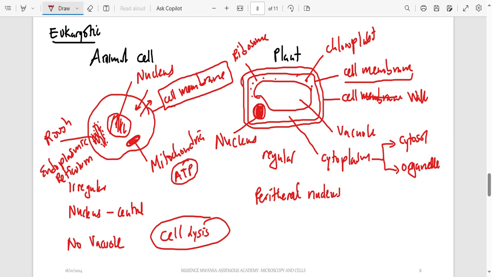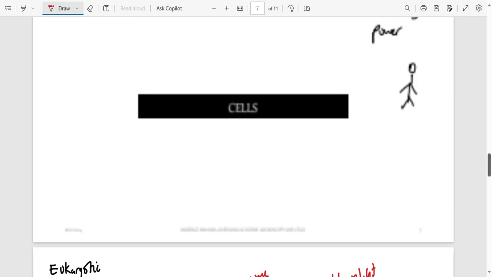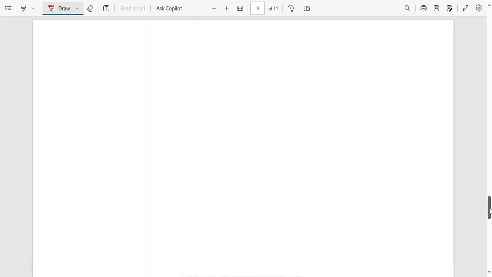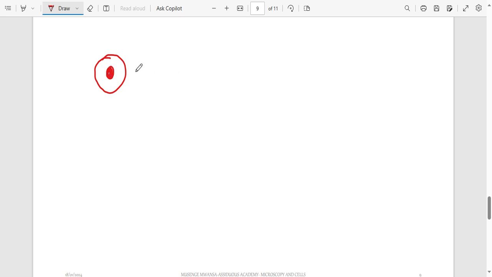So when an animal cell loses water, let me describe that more. Say we get this cell, okay, we make it lose water to become small. You can see how it has become.